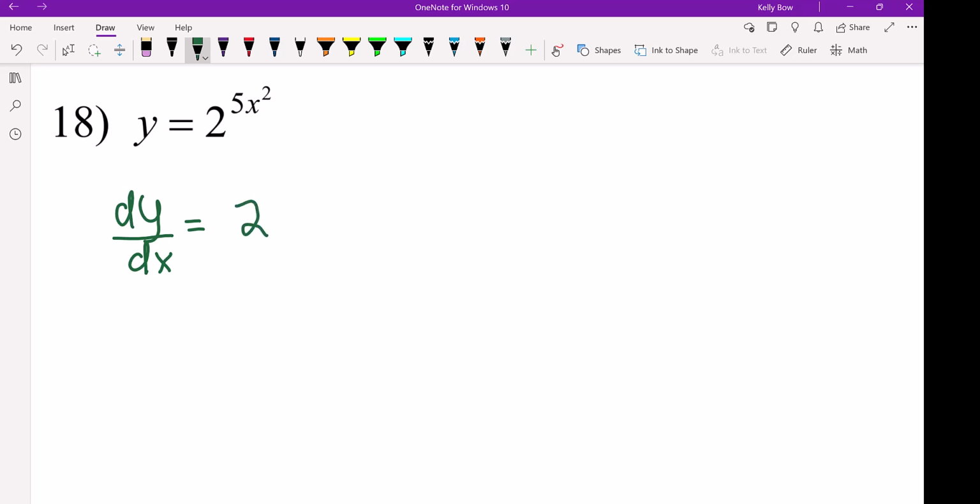So write the original. Now we're going to multiply that by the natural log of base 2. And now we're going to multiply that by the derivative of that original exponent piece. And then we're going to bring the stuff in front.